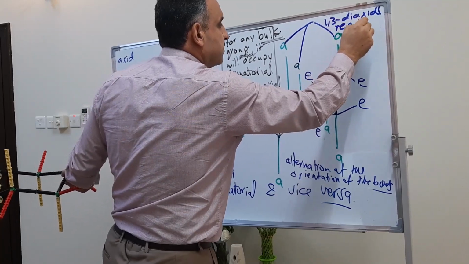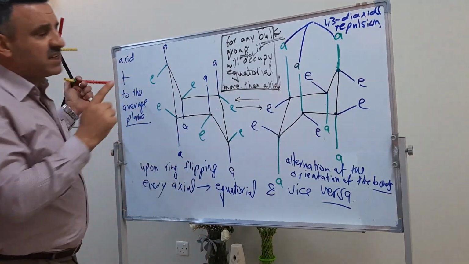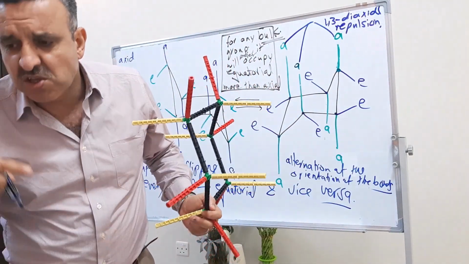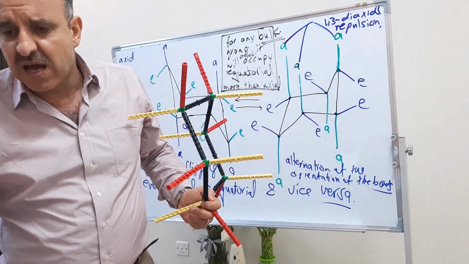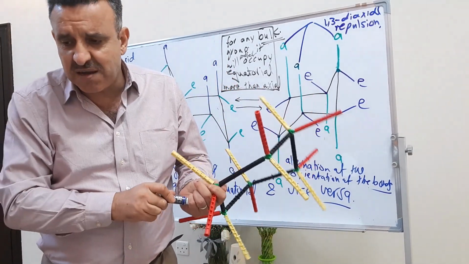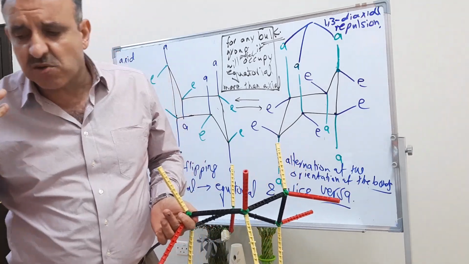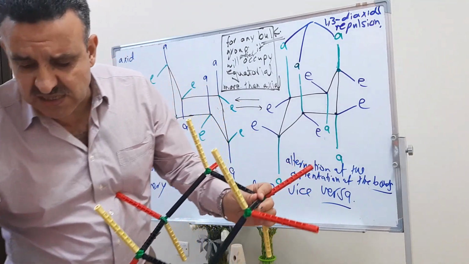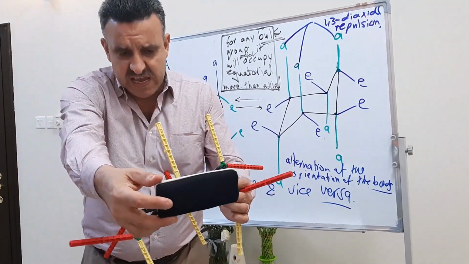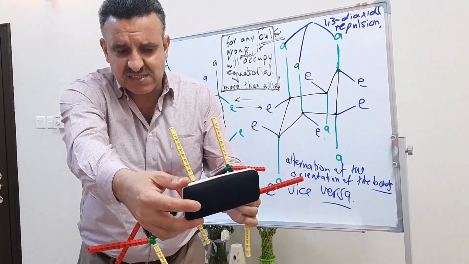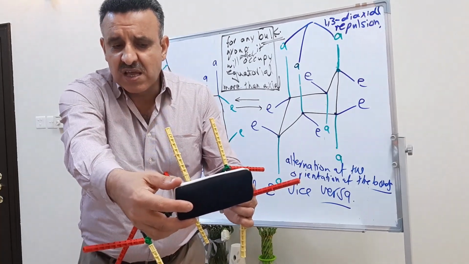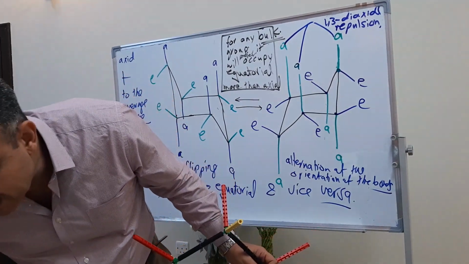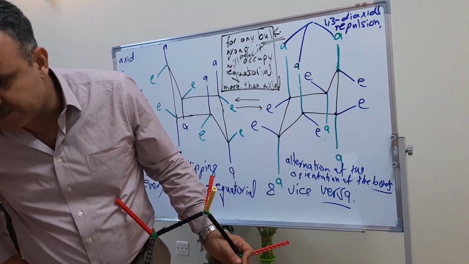That's the reason why any bulky group would always prefer to occupy equatorial rather than axial, because when it occupies the equatorial position, the repulsive forces are less. You can see it's as if it is outside the system. There are no close atoms to repel this bulky group. Do you follow me, guys? Is that clear?